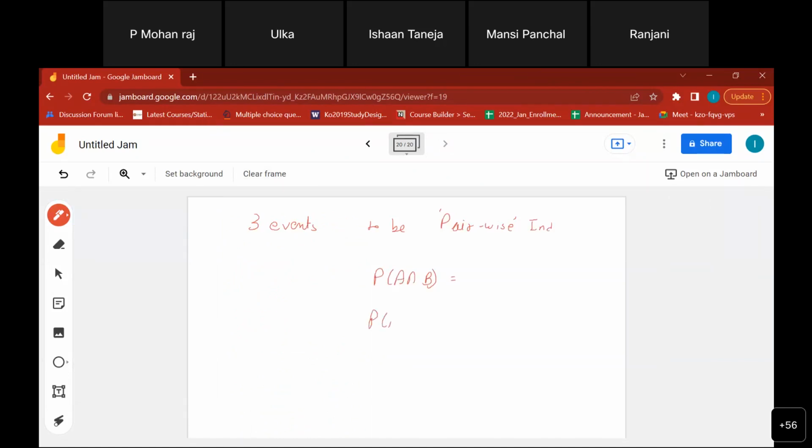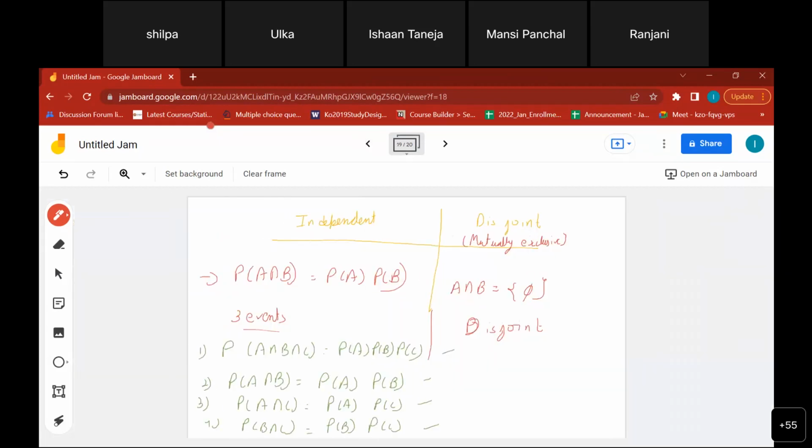A intersection B, A intersection C, and B intersection C. If these three conditions are satisfied, then they are pairwise independent, right? And when this fourth condition is also satisfied, you say that all these three events are completely or mutually independent. Okay.